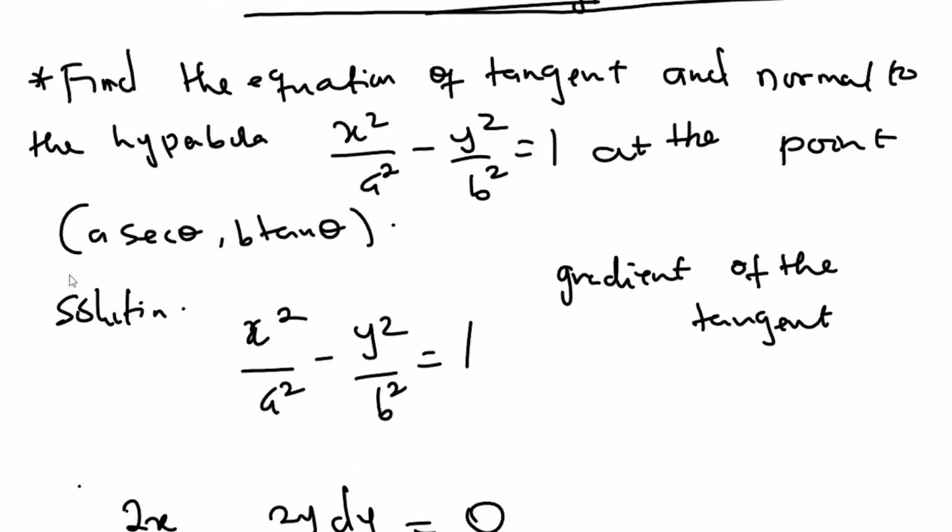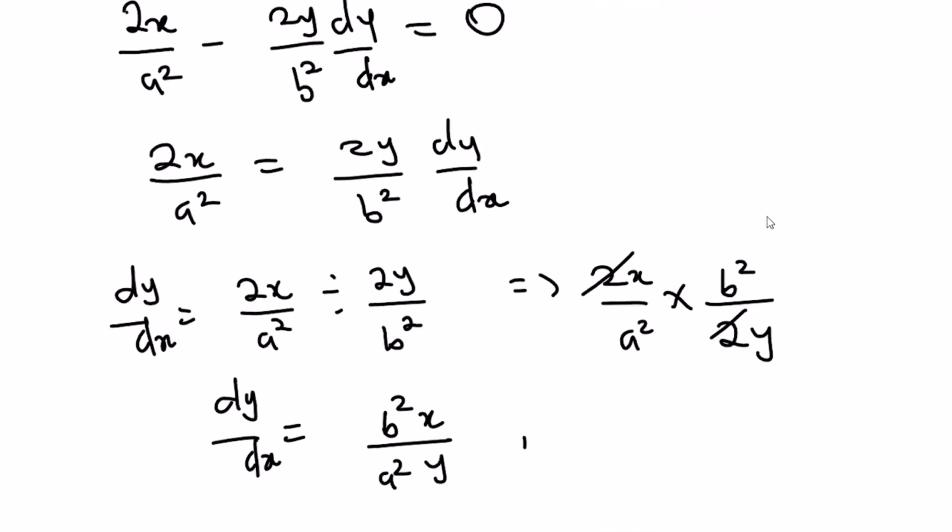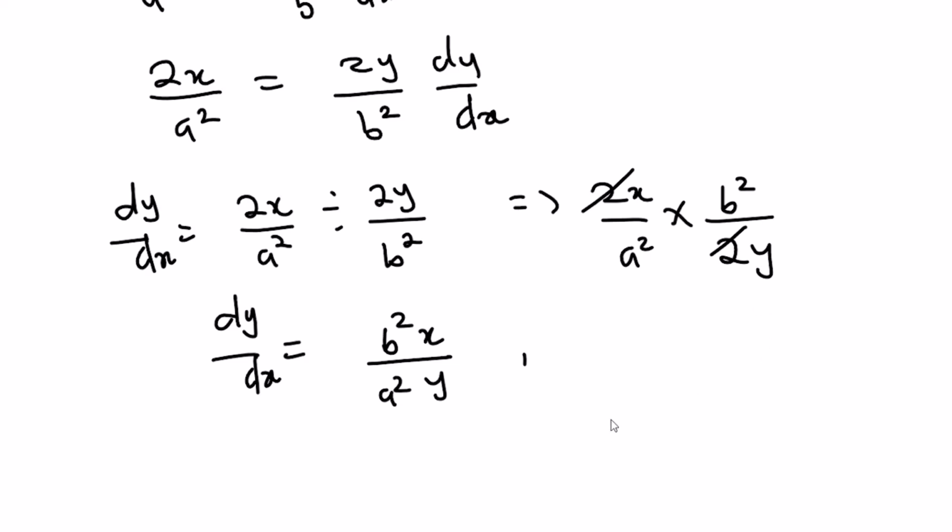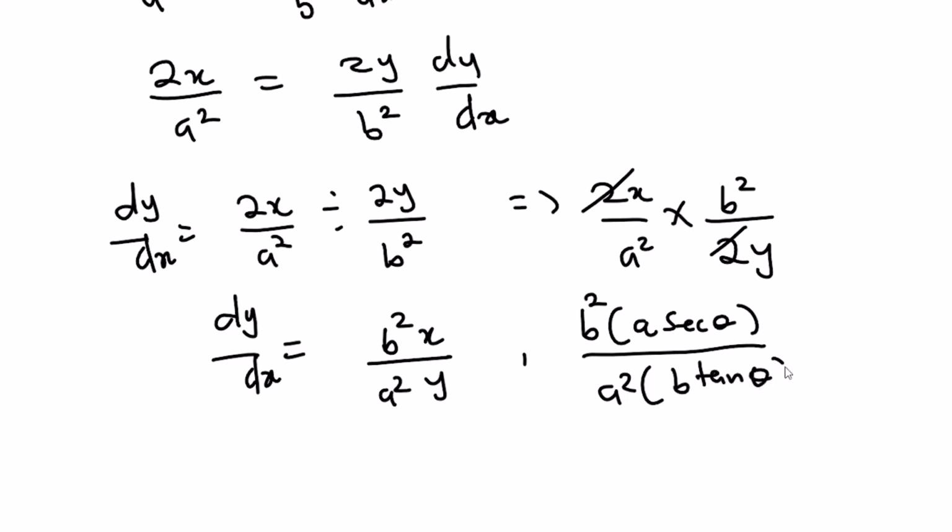But we know that from the point given here, we have x equals a sec theta, and y equals b tan theta. So we can substitute the ones there. So this is going to give us b squared multiplying the x, which is a sec theta, divided by a squared multiplying b tan theta.